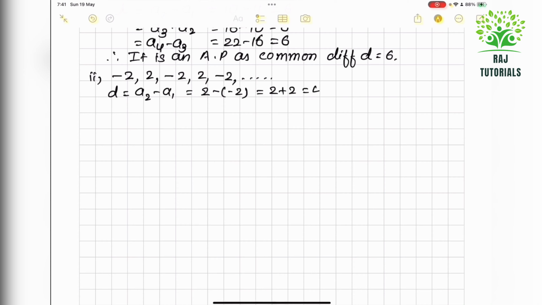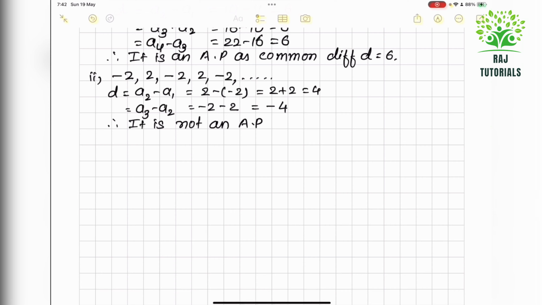So A3 is minus 2 minus second term 2. So this is minus 4. So see, I didn't get a common D here. That is, I didn't get 4. So I can say therefore it is not an AP. Directly I can write it, because once I got a term not satisfying, how can I say, okay, let us check ahead? It didn't come.